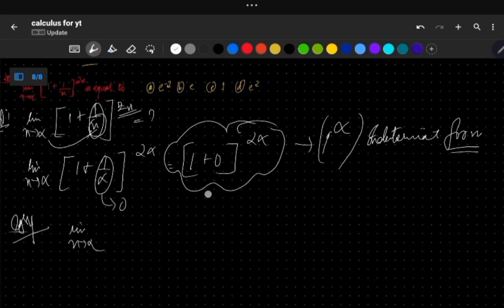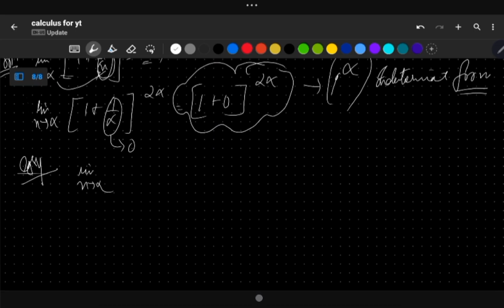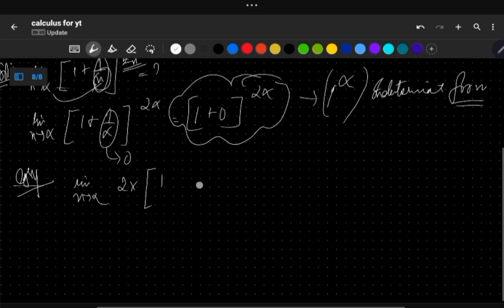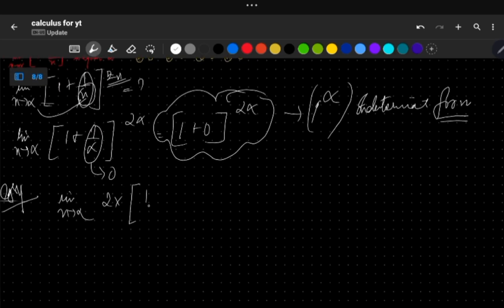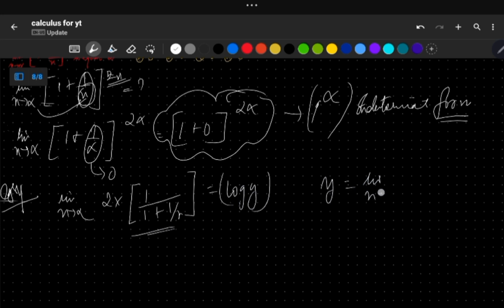After taking log, the 2x will come in front: y equals limit x tends to infinity, 1 plus 1 by x to the power 2x. So 2x comes down, giving 2x times log of 1 plus 1 by x equals log y.